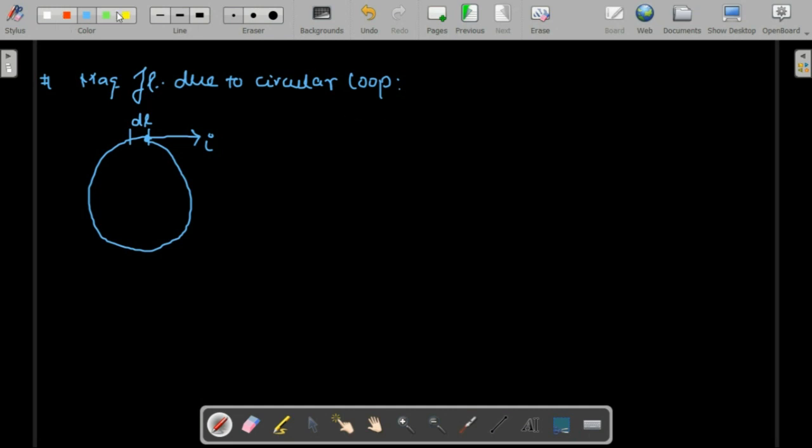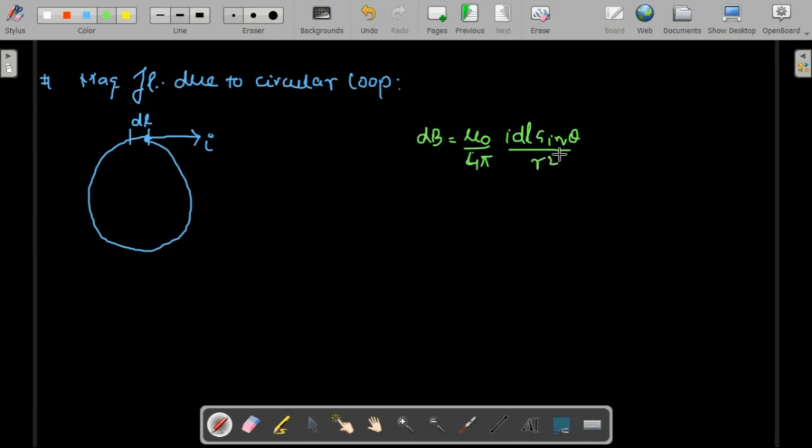Because if we remember, the Biot-Savart law says that dB is equal to mu naught by 4 pi I dl sine theta by r square. So that's our Biot-Savart law.